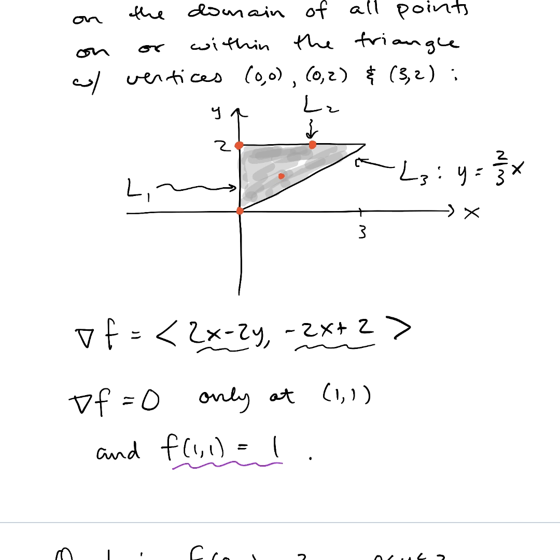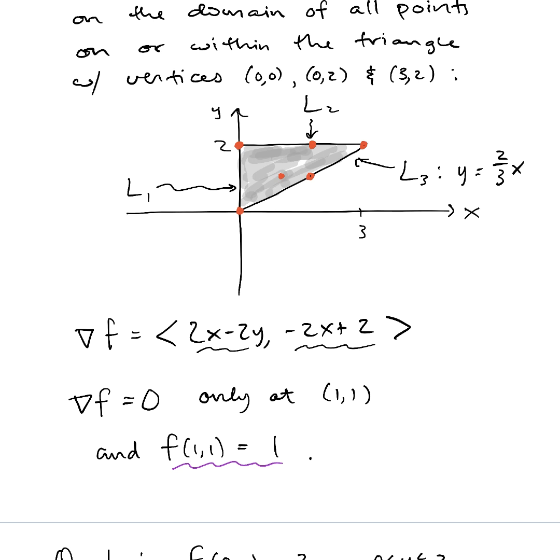When x is 2, that's there on L3. And when x is 3, that's there on L3. Our analysis of the 3 sections of the boundary is telling us what the function comes out to at each of those dots. So now let's make a list.